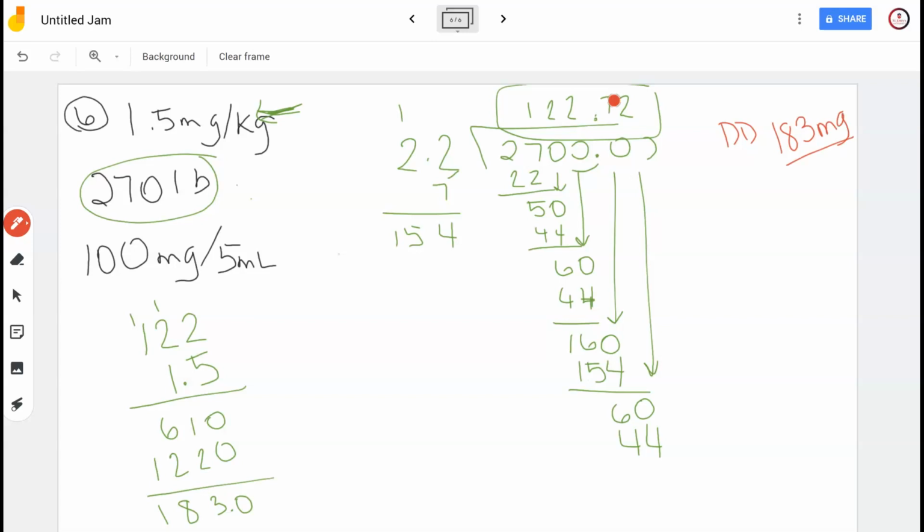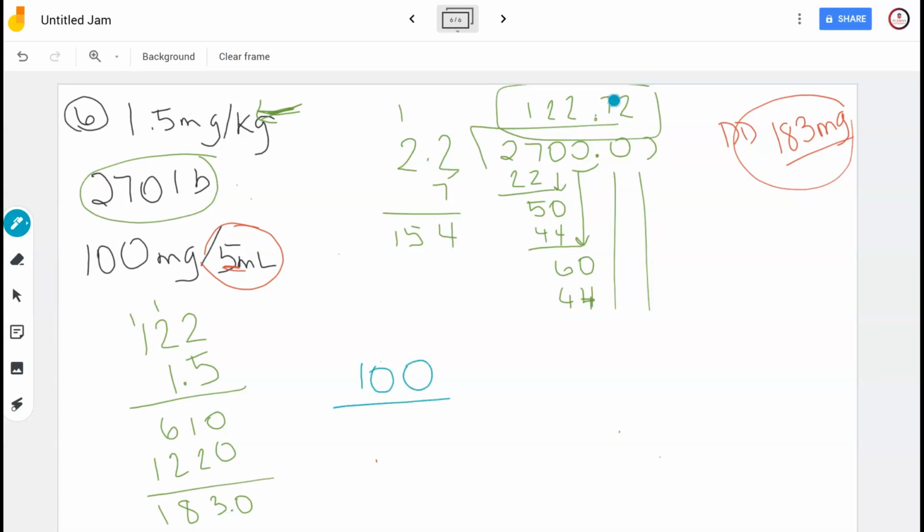So if you have one pre-filled 5 ml syringe, you have 100 milligrams, which means that you are going to need 2 vials, or more than, you're going to have 10 mLs for 2 vials, will get you your 183. Now, if you wanted to actually do the math and find out exactly how many milliliters you're going to need, you have 100 in 5 ml.